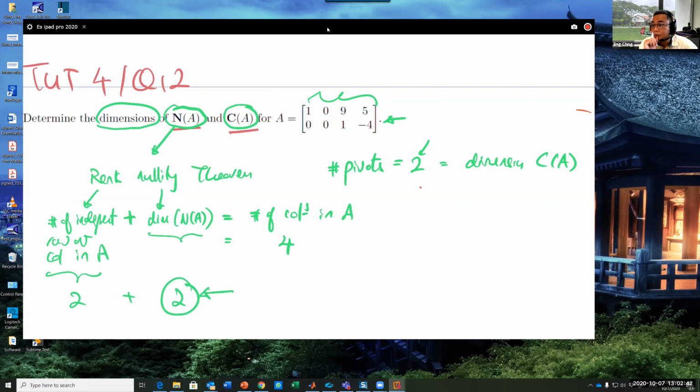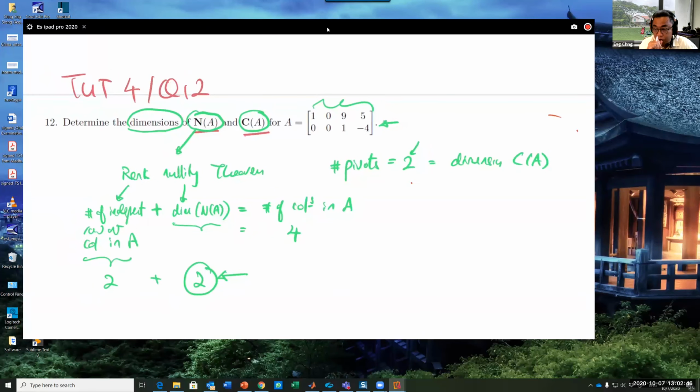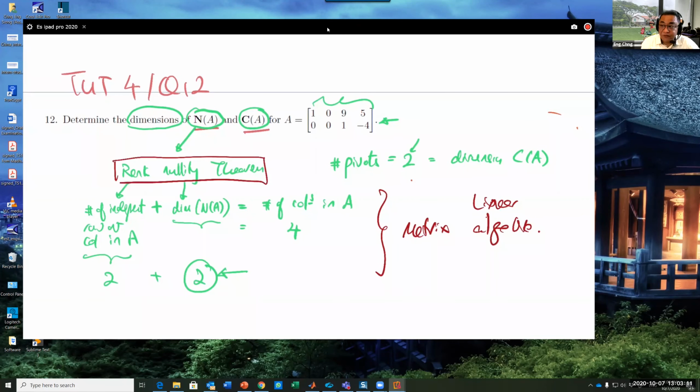So again, although the math is trivial, you have to have a lot of background to understand the rank-nullity theorem. My math colleagues tell me that because we are only dealing with matrices, we're actually dealing with matrix algebra, linear algebra. The rank-nullity theorem is applicable for vector spaces.